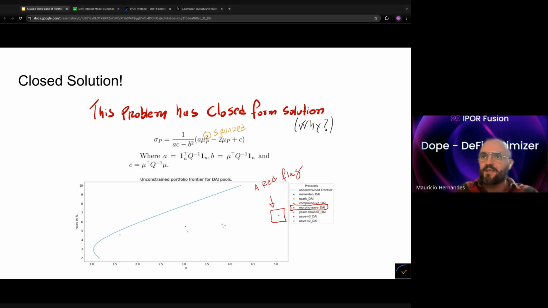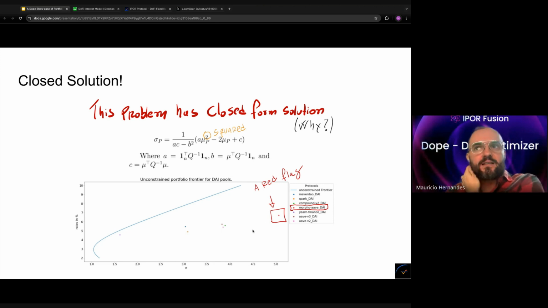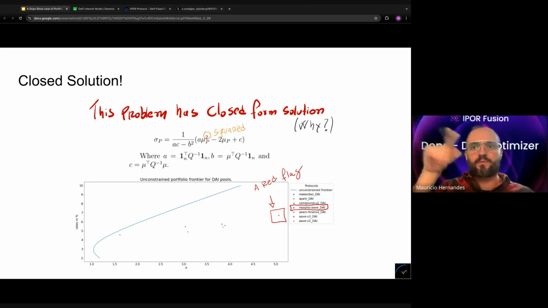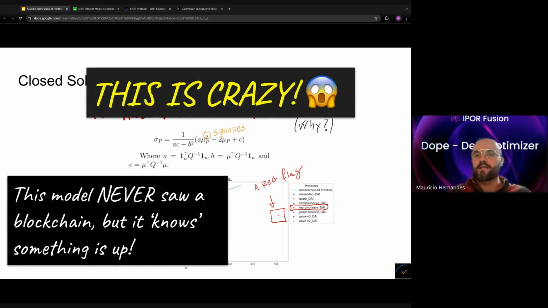Staking on that pool, you're really taking some different risks because of all these things external to the pool. And if you don't know that, it really highlights how powerful this toolkit is, because it already screams here that this protocol kind of doesn't belong here. And we're going to see on the next slides with different models that it screams louder and louder. So yeah, already here we have this, and that's why it's so crazy.